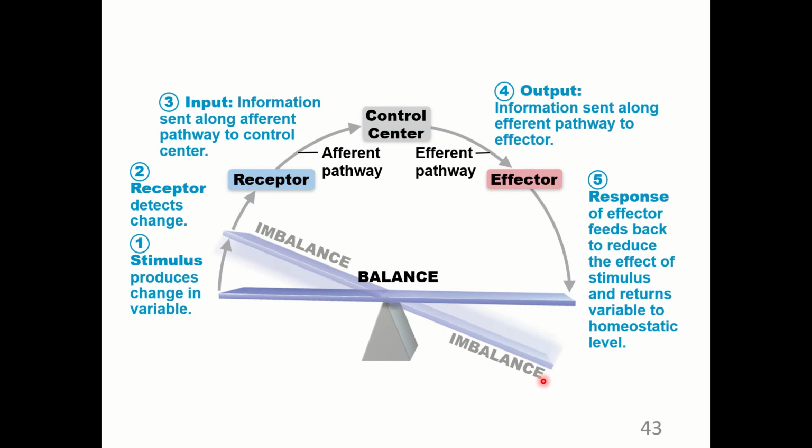For instance, with temperature, you can either become too hot, so you can go above your set point of 98.6, or you become too cold. You fall below your set point of 98.6. Regardless of whether you go above or below your set point, the point of the homeostatic feedback loop is to bring you back into balance.